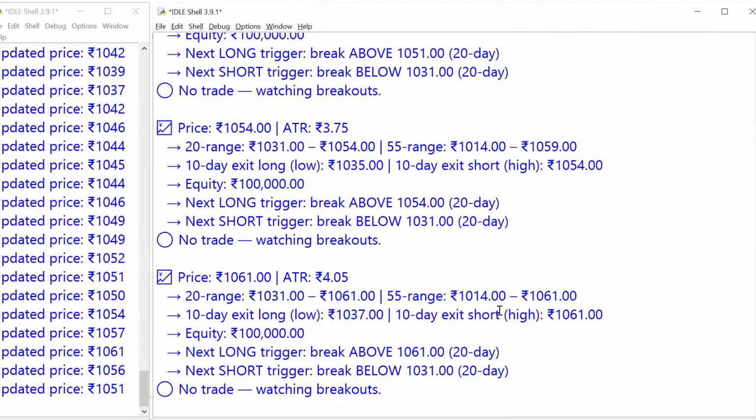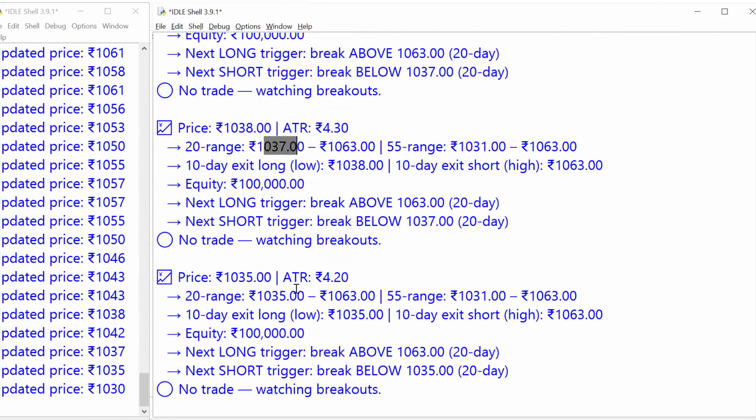Not the breakout from 20, not the breakout from 55. You can see the breakout range for 20 and 55 is the same because the market was trading in a small range. Okay, no long trade, no short trade. It's waiting for the price to break above 1037.